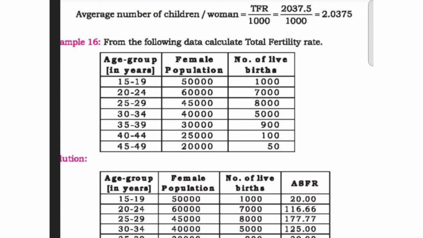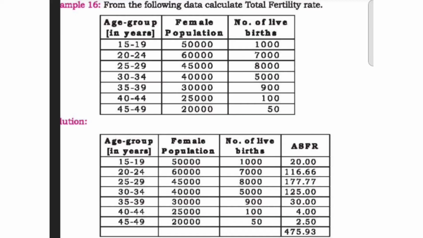Okay, either they ask NRR, GRR or GFR, CBR, or they are asking a TFR problem, total fertility rate problem. Total fertility rate is also given for the 15 to 49 age group only, that is childbearing age only. The question gives age group, female population and number of live births.